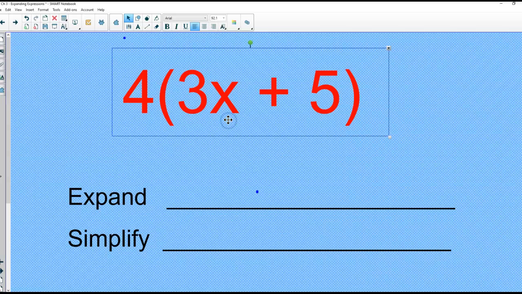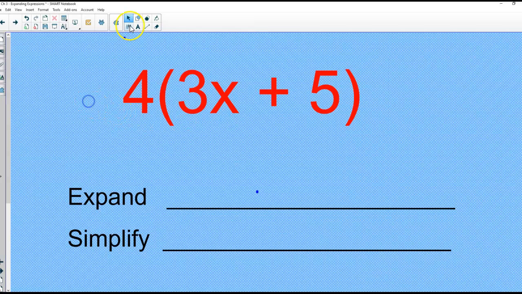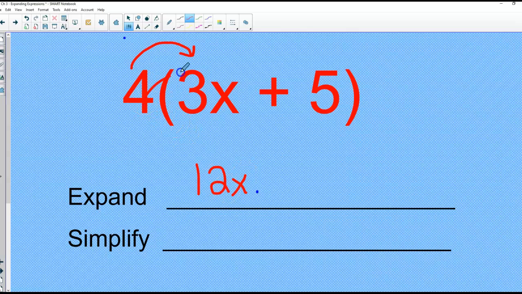So here's where the distributive property becomes helpful. So if I take 4 times what is on the inside, 4 times 3 is 12, right? And I'm just going to bring my x along. 4 times 5, just like before, gives me 20. And I'm going to bring my addition sign down.